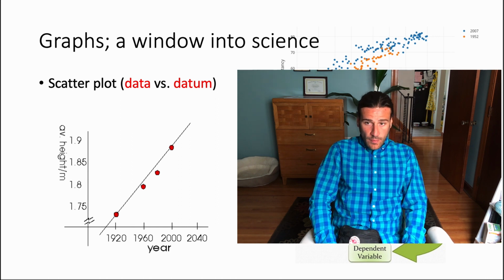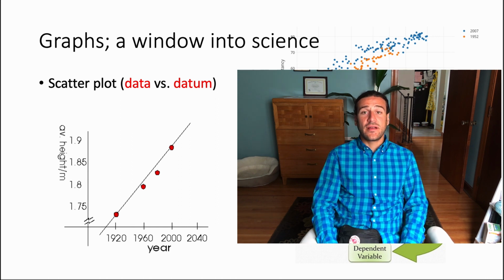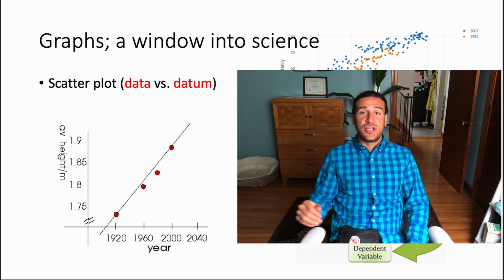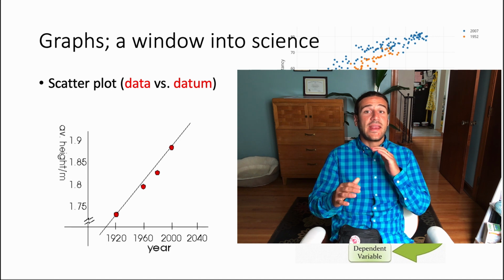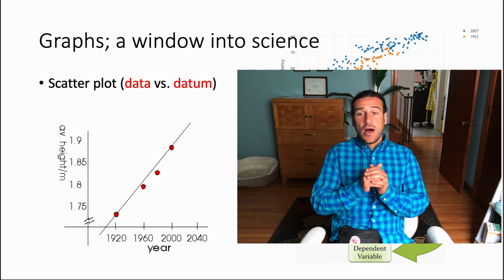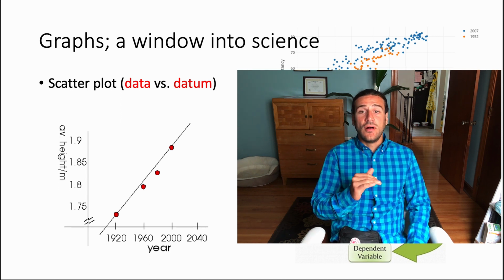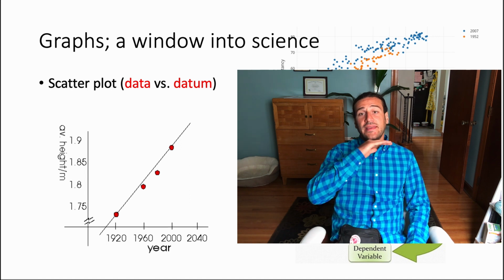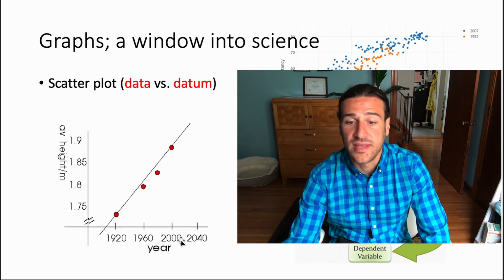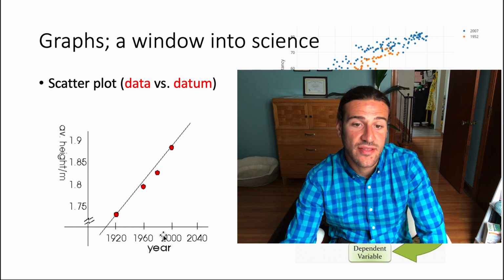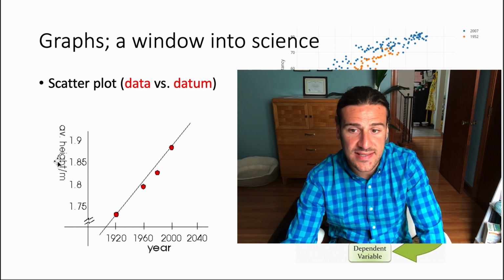So an independent variable does not change regardless of any other factor. An independent variable is on the x-axis, which is on the bottom here. So this is the x-axis, this is the y-axis.